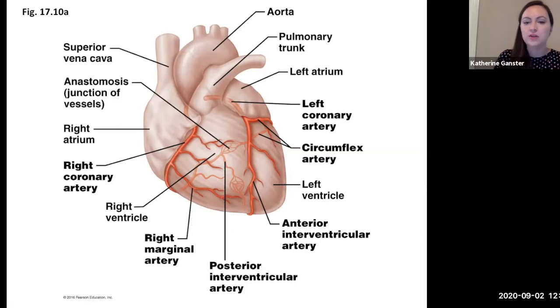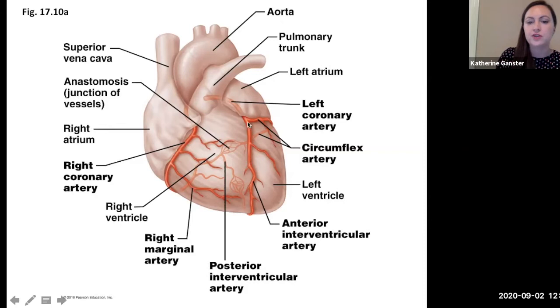If you go into a clinical setting, remember they always like to abbreviate things to say things faster. Instead of the aortic semilunar valve, it's just the aortic valve, right? There is also an abbreviation for this anterior interventricular artery.